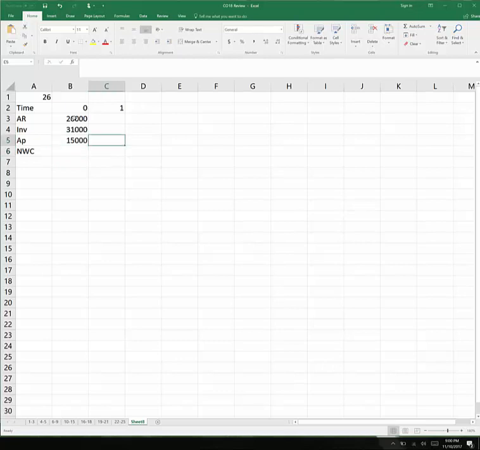And then after the project, because the company is going to change as this project is added, we have 22,000, so an increase in accounts receivable, a decrease in inventory, and a pretty big increase in accounts payable.